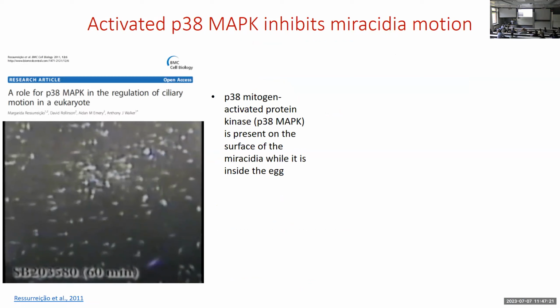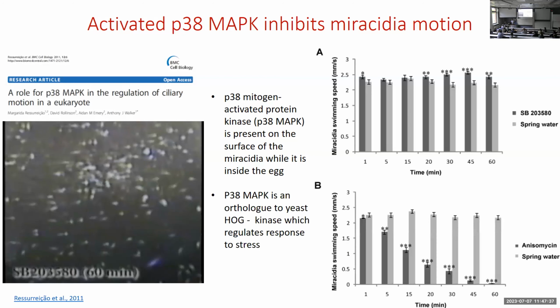There is a p38 mitogen activated protein kinase, which is present on the surface of the Miracidia while it's inside the egg. When it hatches, it deactivates. And what's really interesting, there's research that was also done by researchers from our lab. You can influence the swimming of Miracidia by activating or deactivating this kinase.